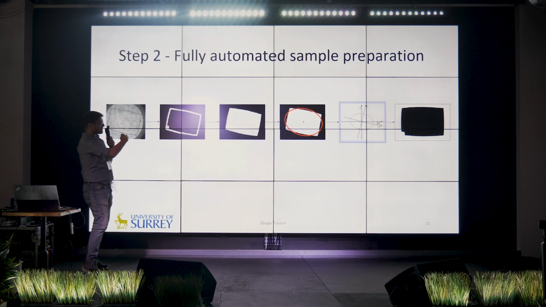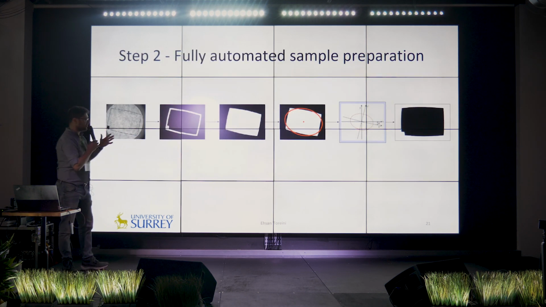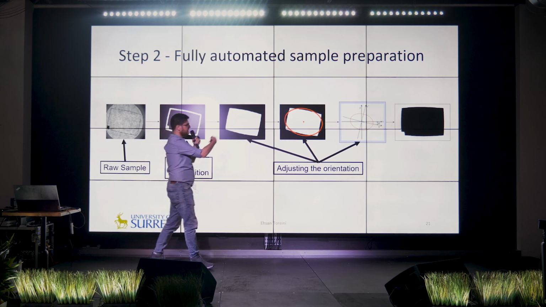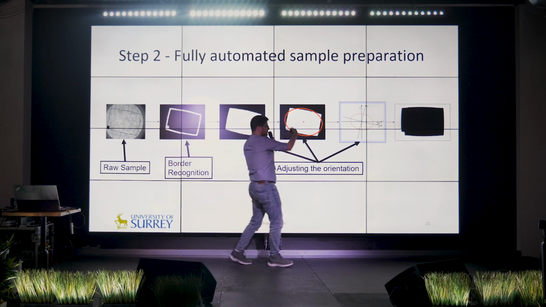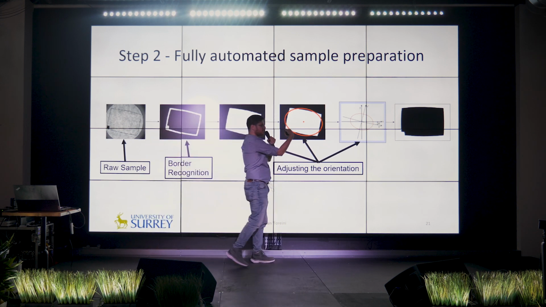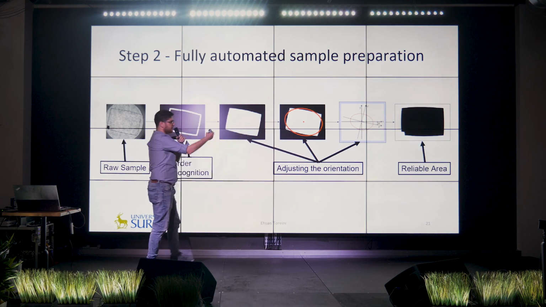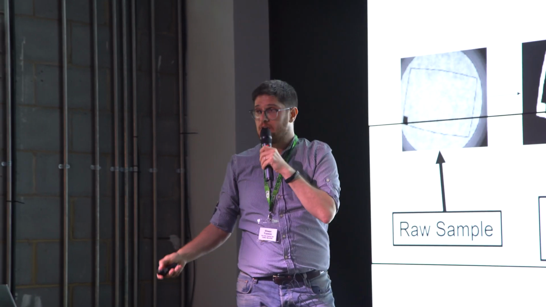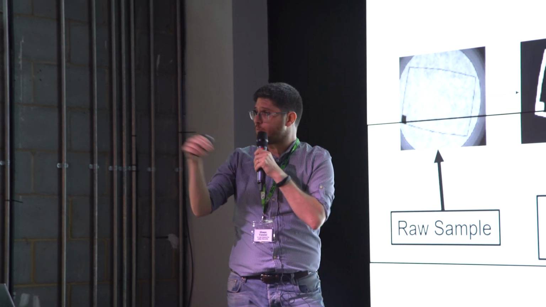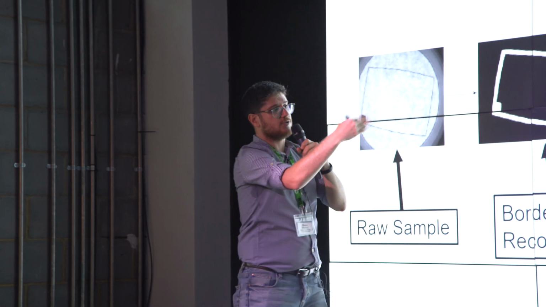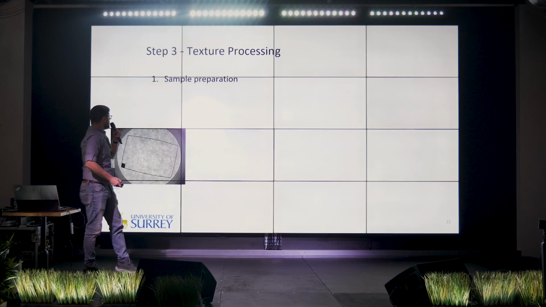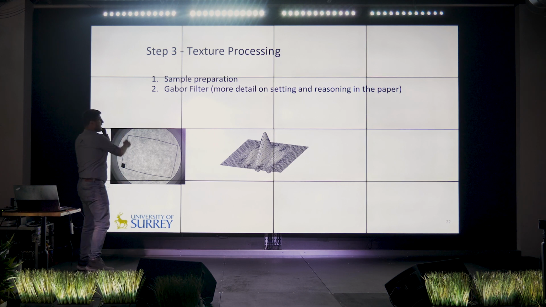The rest was somehow image processing, so I will quickly go through that. We start by recognizing the borders, then finding the efficient place and doing some sort of preparation, adjusting the box itself. Then we choose a place from the original area, which we call the reliable area, and the fingerprint of that reliable area is used in any other authentication method that we come up with.